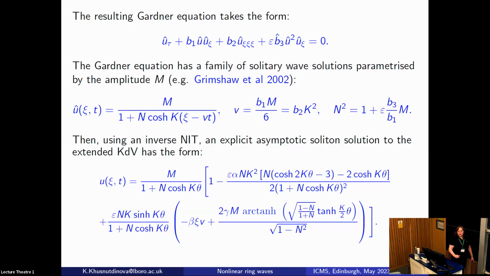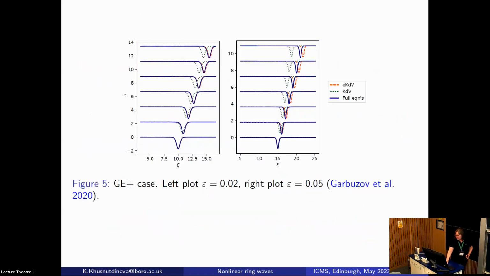And this is an approximate solution to the extended KdV. And so using this, we obtain approximations for all field variables in the 3D elasticity problem. And this is used to initiate 3D numerics. Okay, so this is what was done.